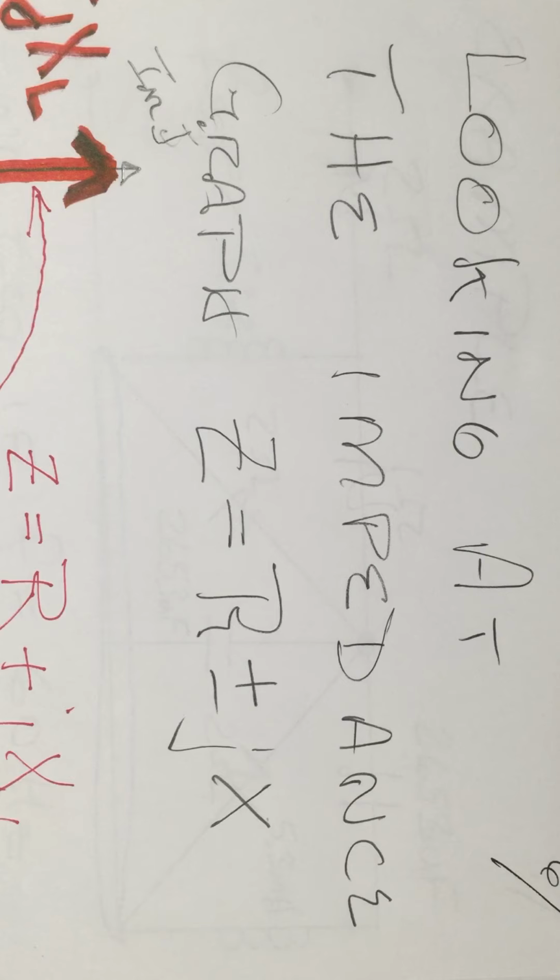And the reason that is that the inductor, or the inductance in the circuit, cancels out the capacitance in the circuit. Because remember, capacitance is minus jXC, inductance is jXL, so when you add those two together, they will cancel each other.